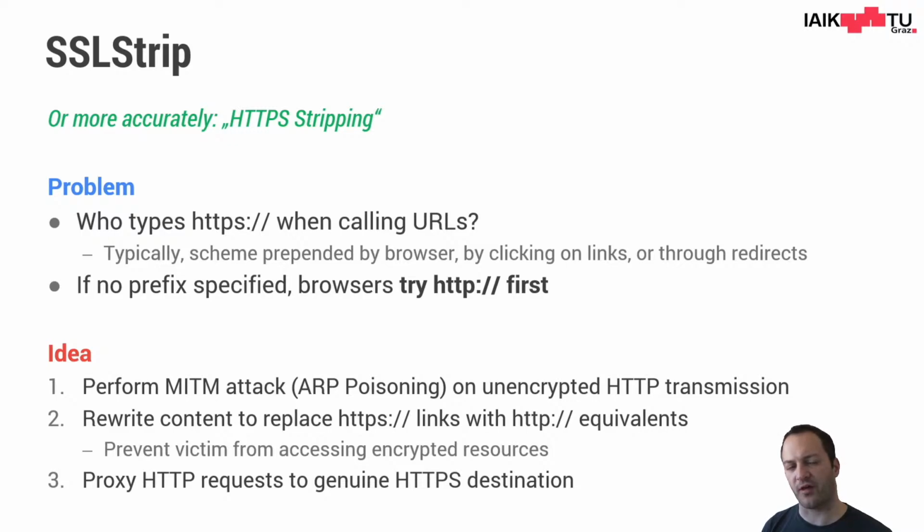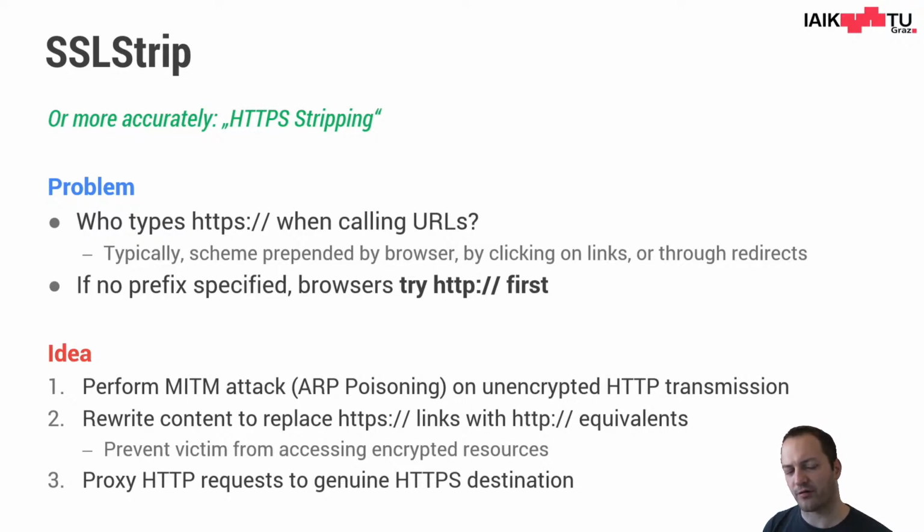The other thing is SSL strip, or more accurately, it would be named HTTPS stripping, because you would actually try to downgrade communication to HTTP, not to break TLS, but to basically circumvent it. And last time I showed you that, if you remember, I opened the browser console in Chrome and called ORF.at.